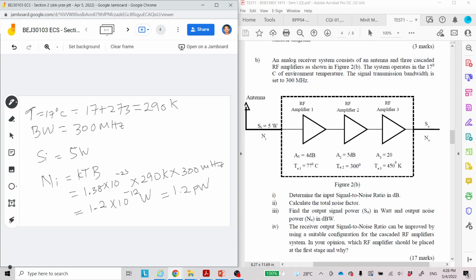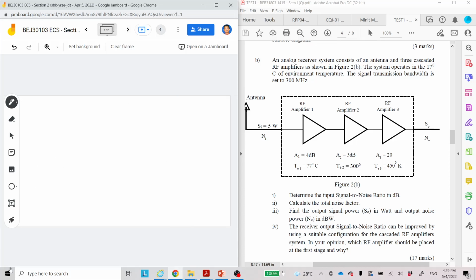Help me to calculate. And the question asks in terms of dB. So SNR in terms of dB, so that means you need to... I go to the next page. So SI over NI is equal to 5 watt divided with 1.2 picowatt.